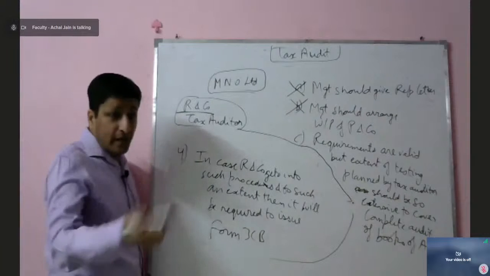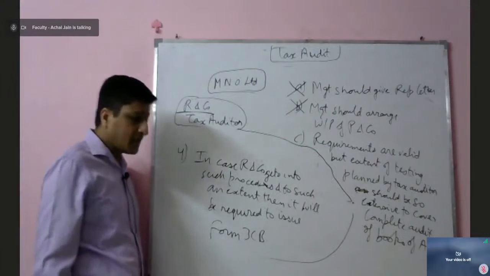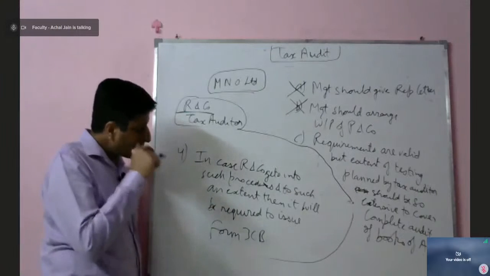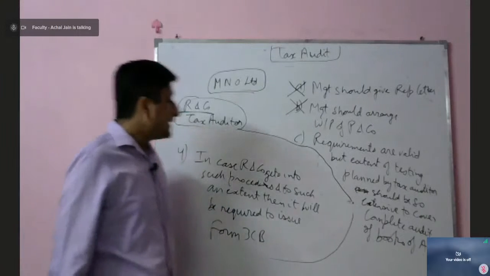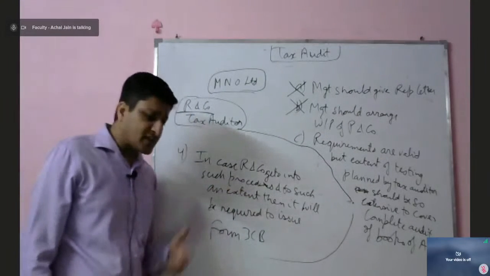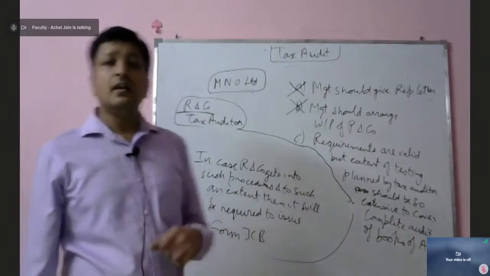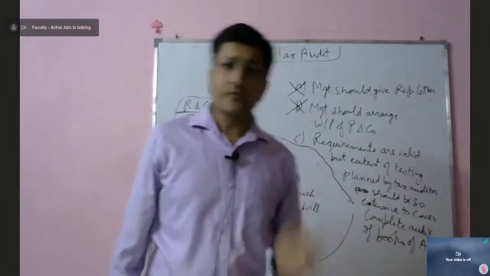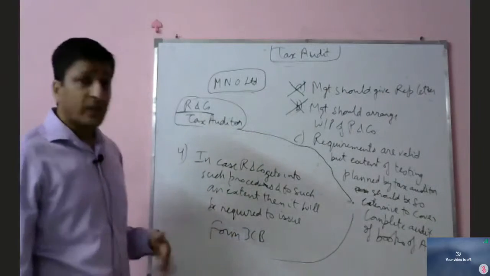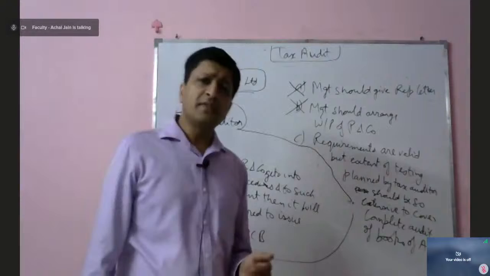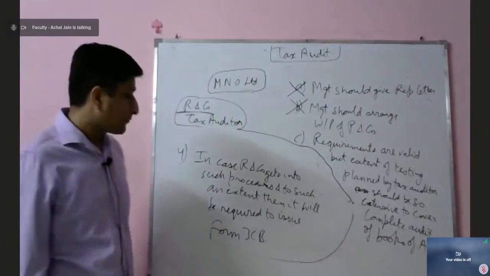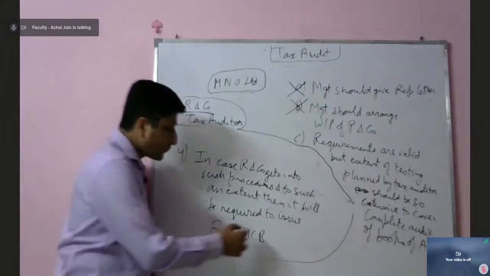Then we can move on to option number D. Why? Because Ambika has just answered option number C. So I'll evaluate all other options and then I'll go to option number C. Option number D. In case R&D company gets into such procedures, so we are saying in case they will re-audit the books of accounts. That is what he is looking at. In case he will re-audit or he will significantly cover the audit of books of accounts, then he will be required to issue form number 3CB.